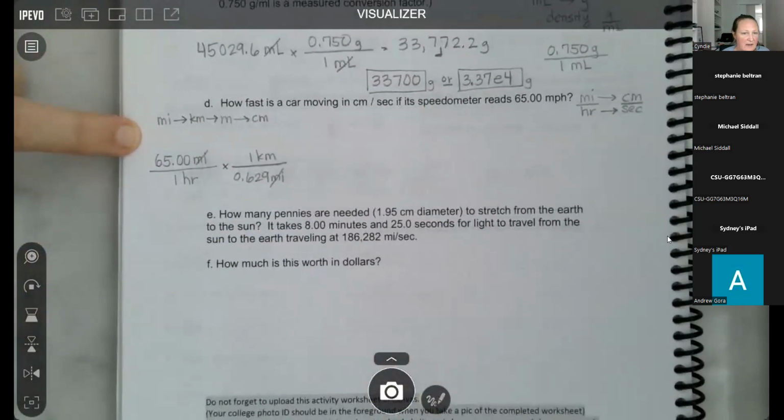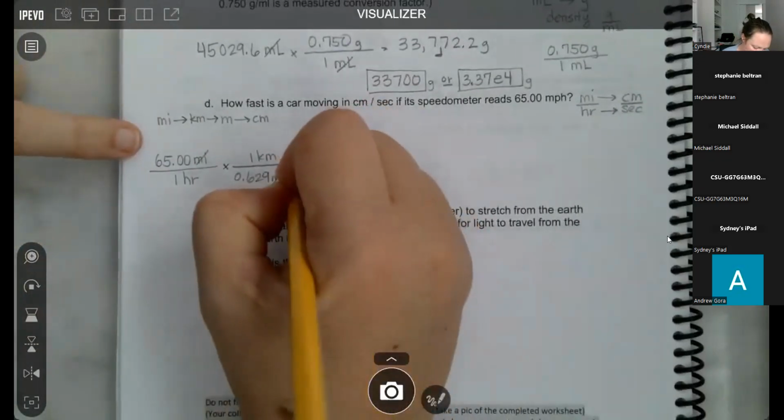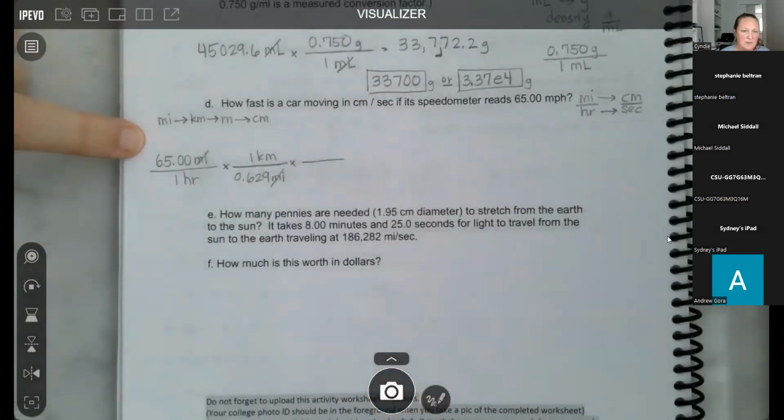So, okay, I have kilometers, but I need centimeters, right? One thing I can remember, because it's hard to remember how many centimeters in a kilometer, is that I always know how many meters in a kilometer and then how many centimeters in a meter. So for me, it's just easier to go from kilometers to meters to centimeters, because I can remember those numbers.